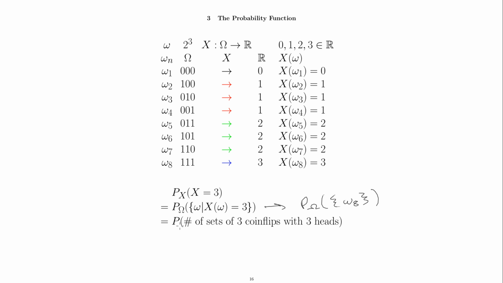And this is equivalent to, again, the probability of the number of sets of 3 coin flips with 3 heads. And we say that this probability here, this probability under omega, induces this probability under X. So that's just a term that is used to talk about how this works.